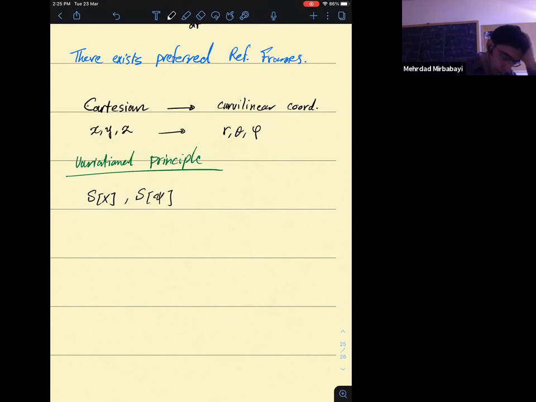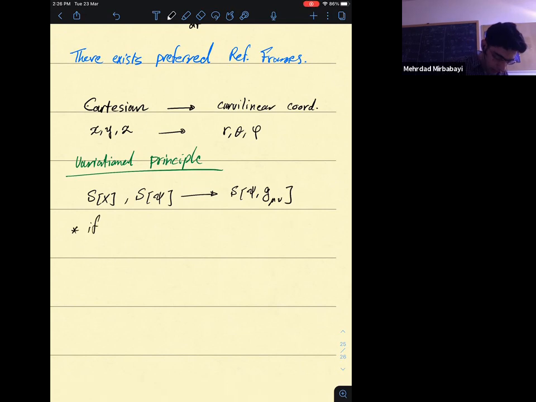These are actions that we can construct, for instance, on those preferred frames. But then the rule for generalizing it, or deriving the equations of motion on curved coordinates, is to construct actions that explicitly depend on a metric, with the condition that if I set the metric to the Minkowski metric, the flat metric, then the action reduces to the original one.